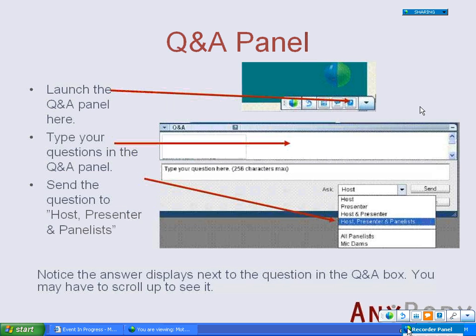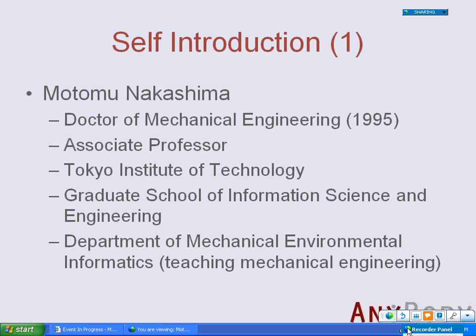So, let me introduce myself shortly. I'm Motomo Nakashima, and I got my Doctor of Mechanical Engineering in 1995, so about 12 years ago. I'm now an associate professor at Tokyo Institute of Technology, working at the graduate school of information science and engineering in the Department of Mechanical Environmental Informatics.